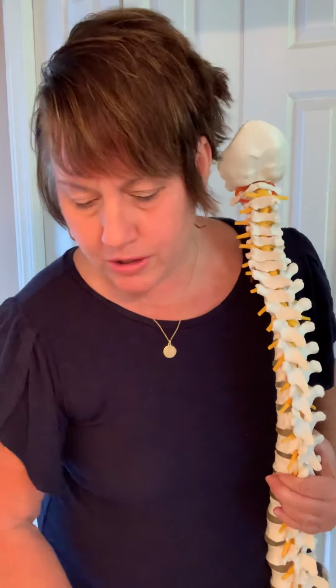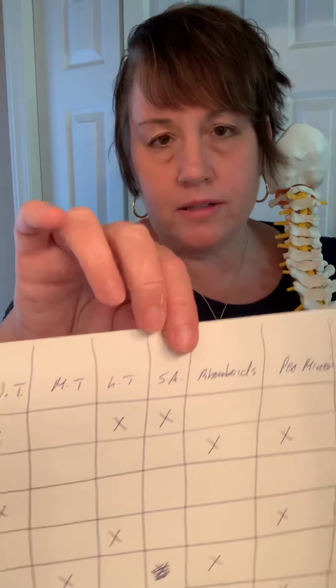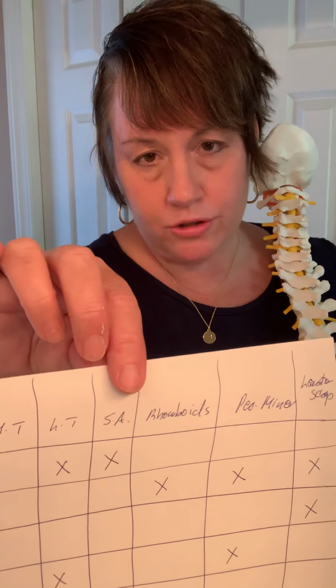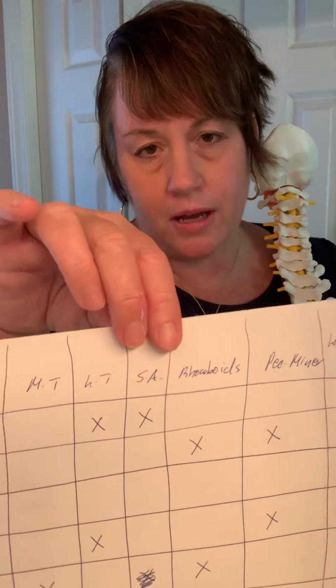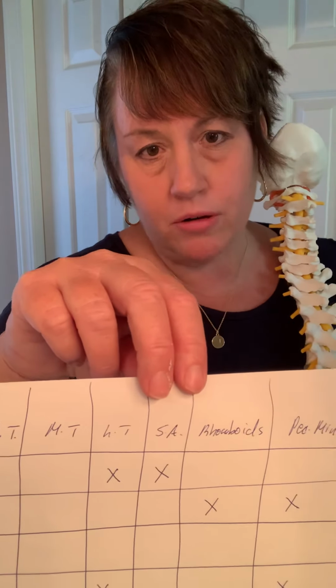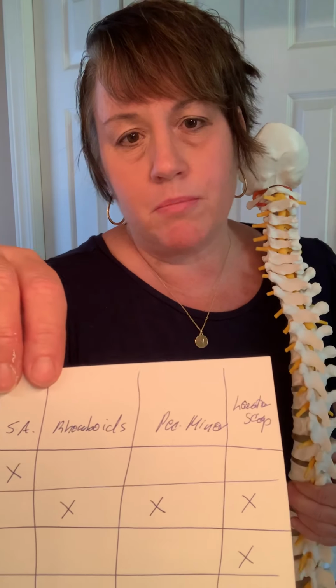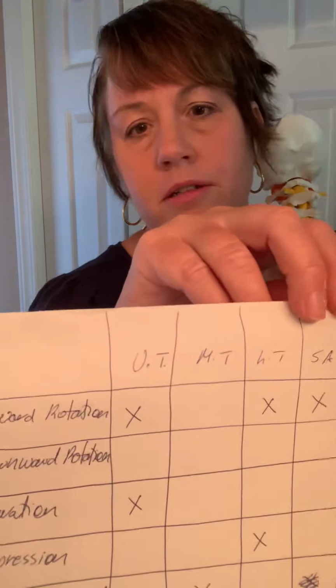So if you could please take that green book out, and then if you could also make a paper that lists all of the shoulder girdle muscles up at the top. So that would be upper trap, middle trap, lower trap, serratus anterior, rhomboids, pec minor, and levator scapulae across the top.